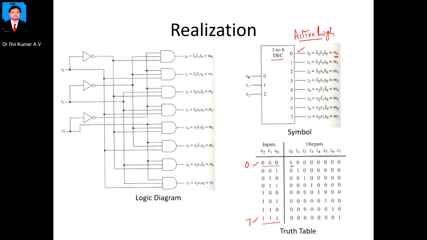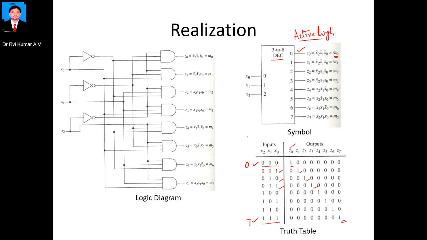So for 000, Z0 responds as 1, that is coded into another form, and 001 gives Z1, 010 gives Z2, and for 3 it is Z3. Like that, all the input combinations will be converted into another form of coded outputs.